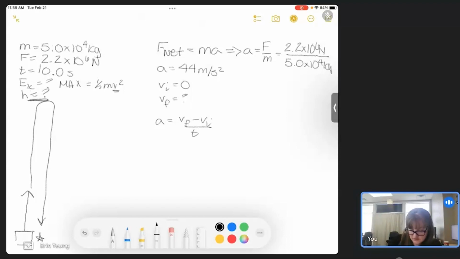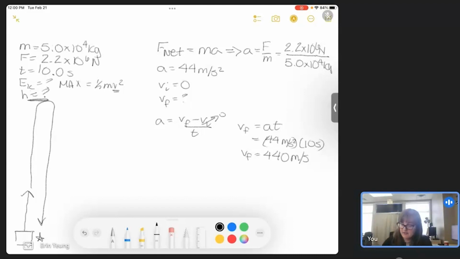And we can actually take our VI here and have it be 0, which means that it cancels out of the equation, which means VF is equal to A times T, which is 44 meters per second squared times 10 seconds, which means that our VF is equal to 440 meters per second.